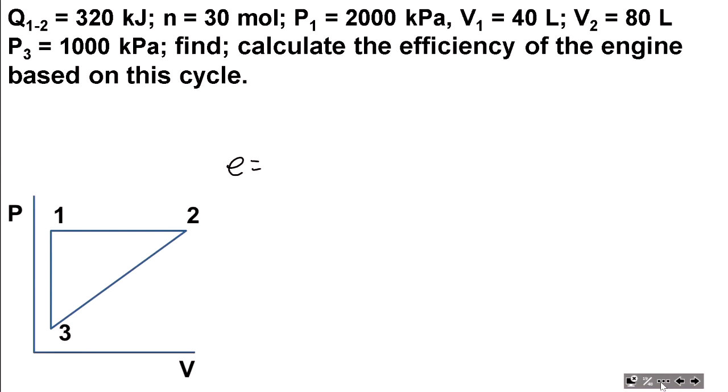So we know, oh, actually, we didn't know yet. We know the work. Sorry, the work was 20,000 joules, correct? And this should be the amount of heat absorbed. We know this number, heat 1, 2, was it 80?